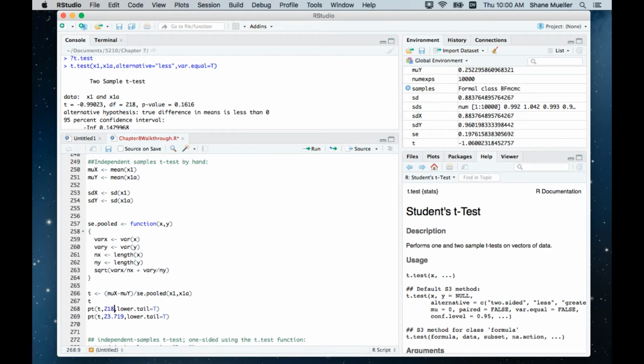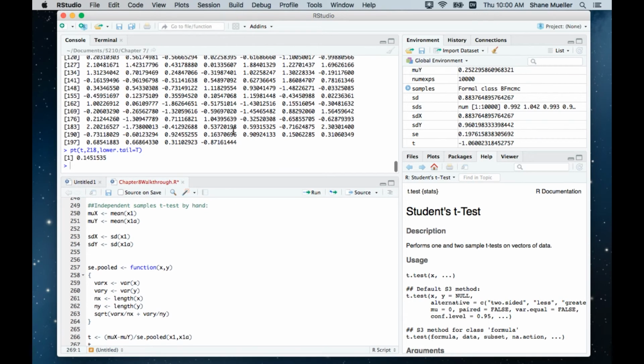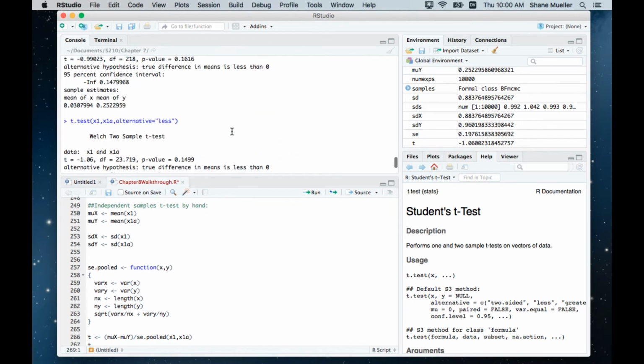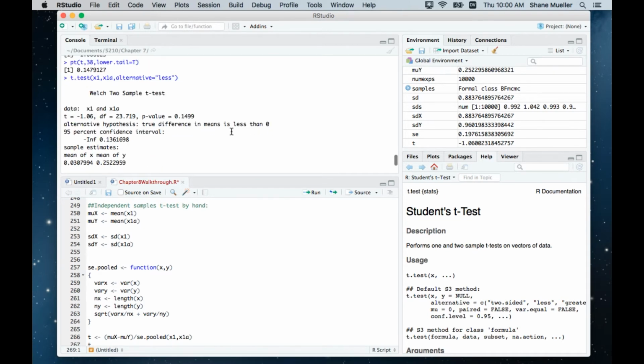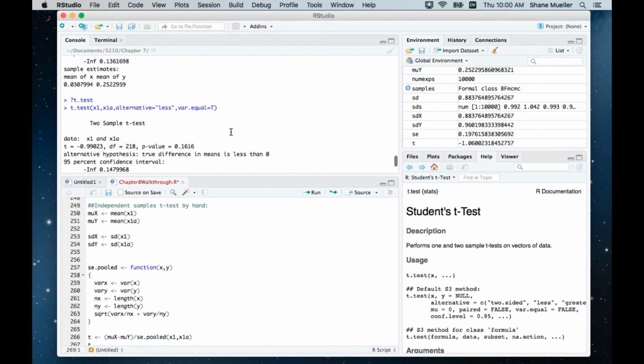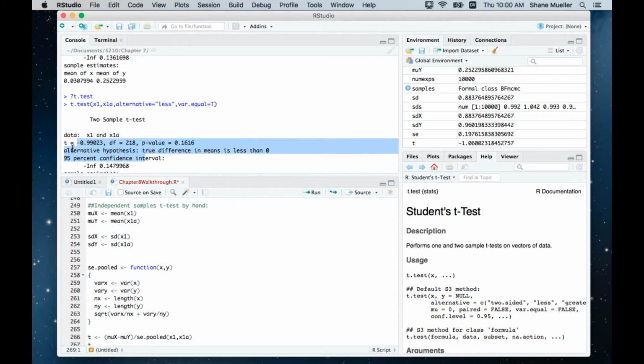So 218, and I get a p-value of 0.145, and let's see if that matches up to the variance equal assumed. See, that's still different because they use a different measure for pooling the t. I'm still using the 1.06, and when you assume it's the same, you don't use this formula for calculating standard error.